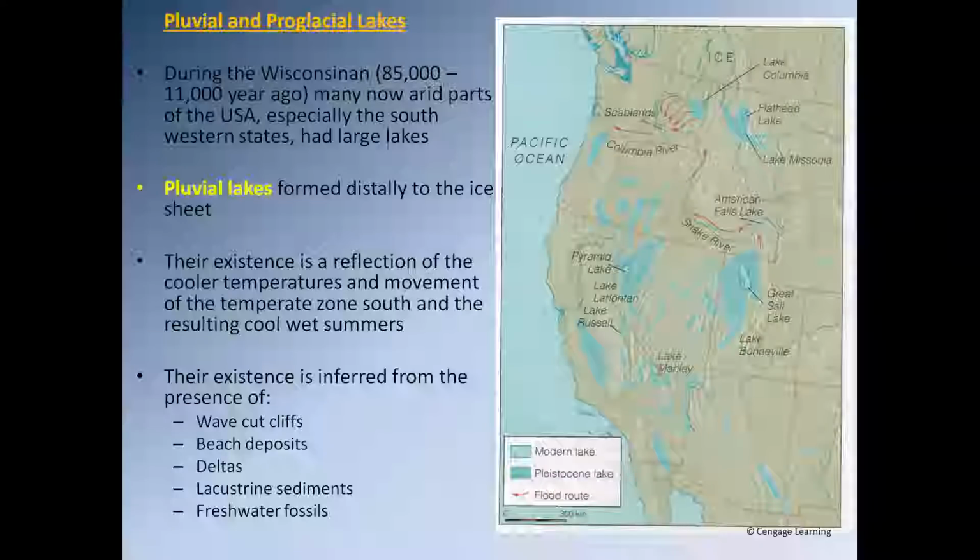So the existence of these pluvial lakes is denoted by the fact that in these areas, which are now very, very dry, we can see things like wave-cut cliffs. So we can see that there have been areas of cliff faces that have clearly been eroded by the action of waves. Now, clearly, areas like Arizona and Nevada do not have large bodies of water, and so that obviously implies that if we have these wave-cut cliffs, well, clearly there has to have been a large body of water there in the past.